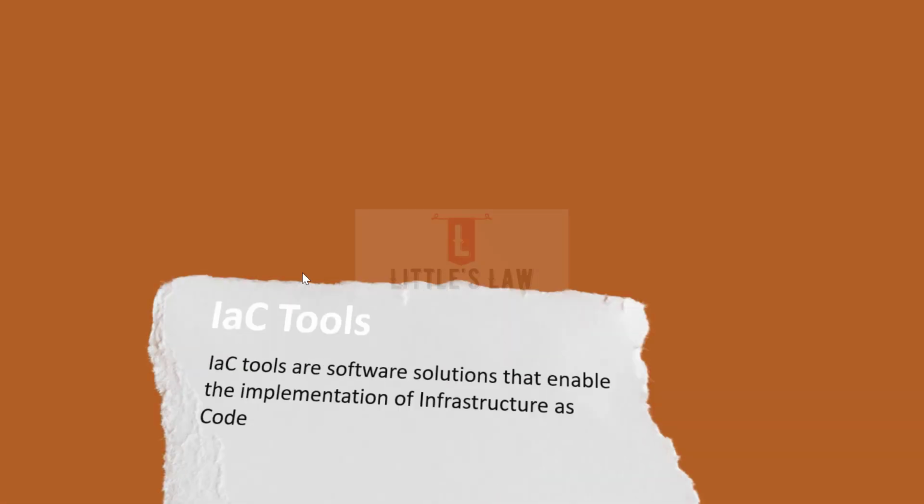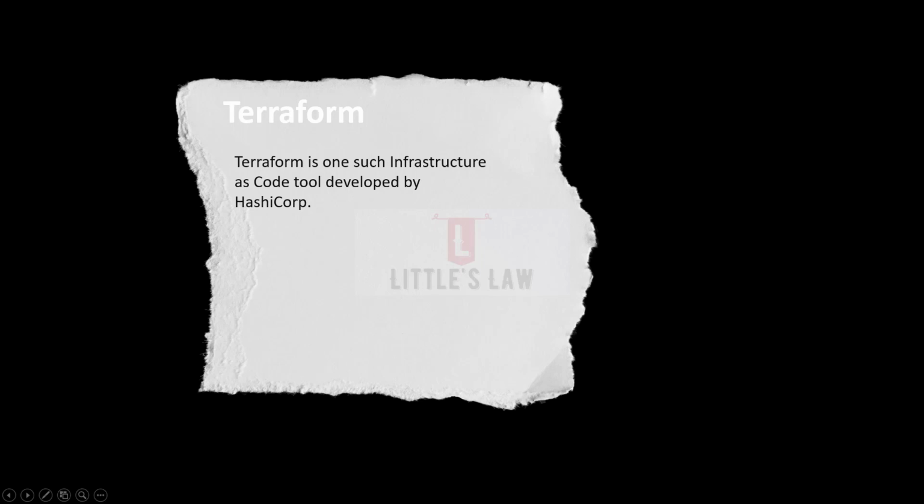So what is the one tool that we are going to use for infrastructure as code? Terraform is one such infrastructure as code tool, developed by Hashicorp, and it is widely used for provisioning and managing infrastructure across various cloud providers and on-premises environments. We'll discuss some key points about Terraform in this video.